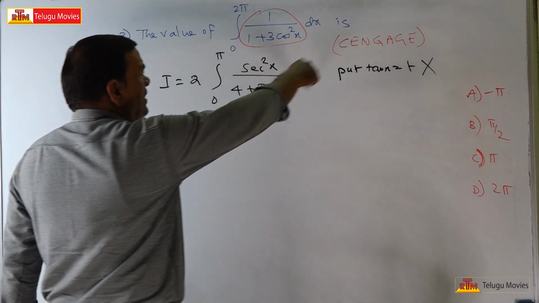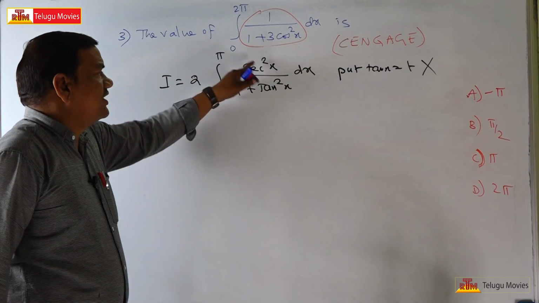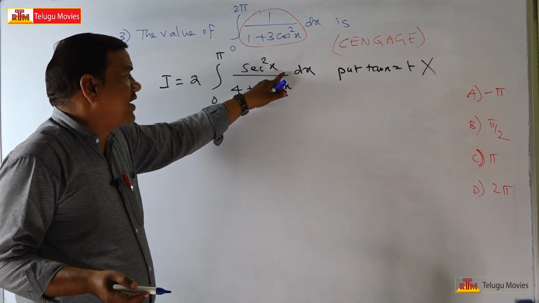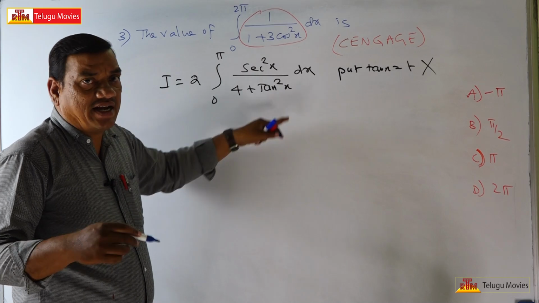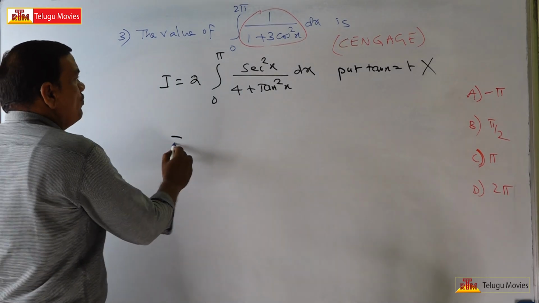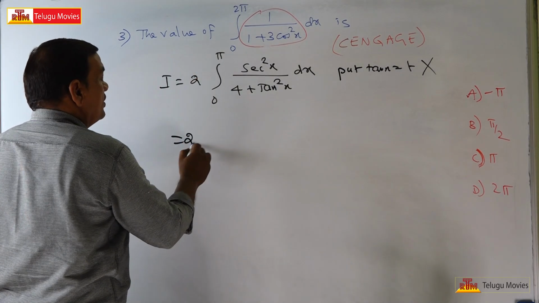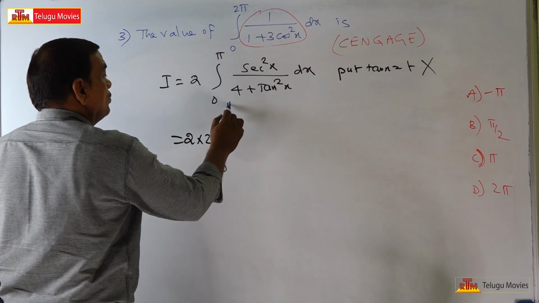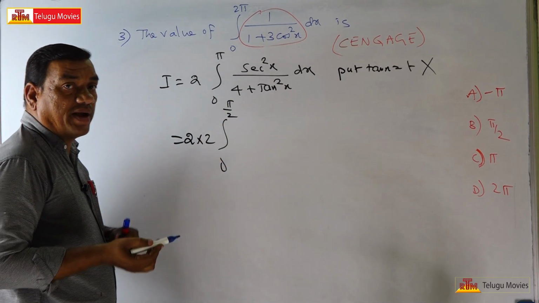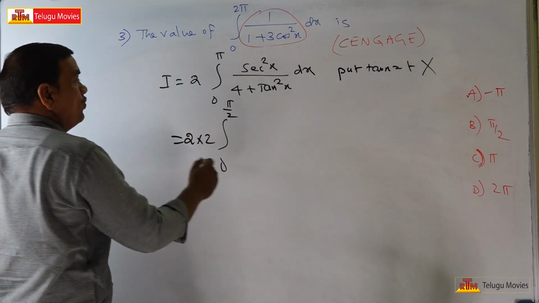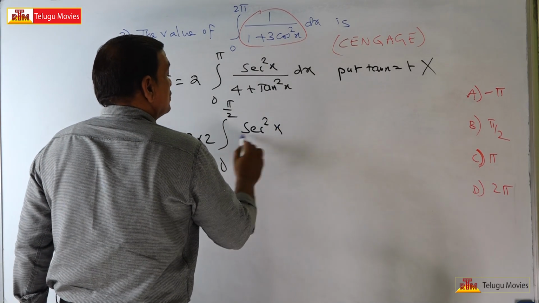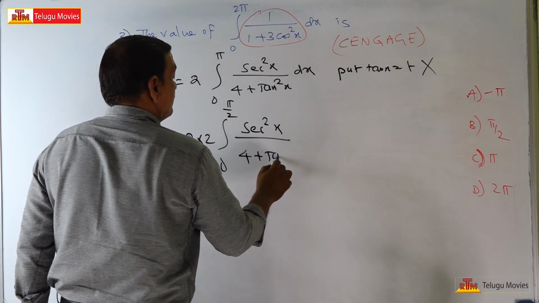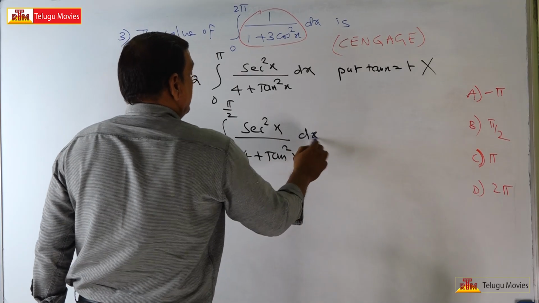So again we will apply the same formula. Secant square of pi minus x is again secant square x, and tan square of pi minus x is again tan square x. Therefore we can break this further into 2 times the integral from 0 to pi by 2 of secant square x by 4 plus tan square x dx, so 2 will come.